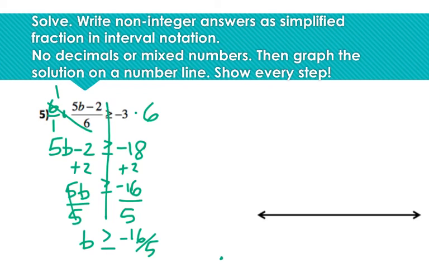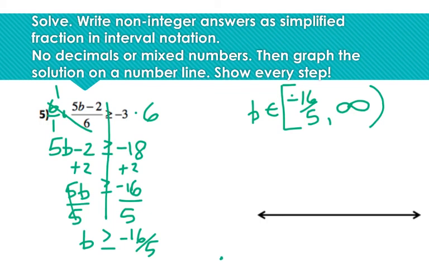Interval notation, b is an element from, notice it's greater now, so we're going to say from negative 16 fifths, and it's an or equal to, so we're going to put a bracket on that negative 16 fifths, and goes to infinity, parenthesis.